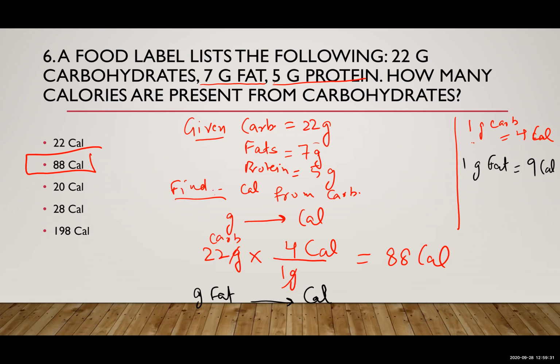How many grams do we have? 7 grams multiplied by 1 gram down here and 9 calories up here. So grams and grams cancel. Is it visible? I'm writing right at the bottom. Can you please confirm if it's visible? Yes, sorry. So 63 calories from fat.